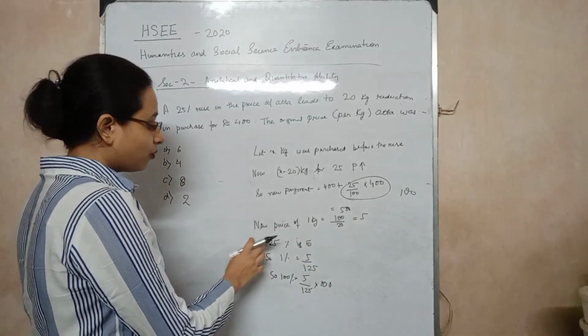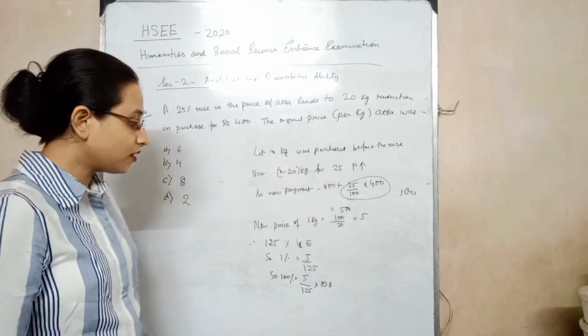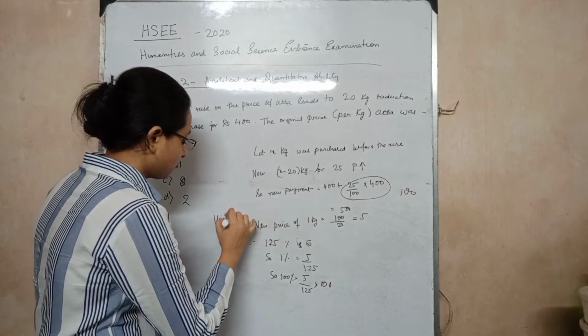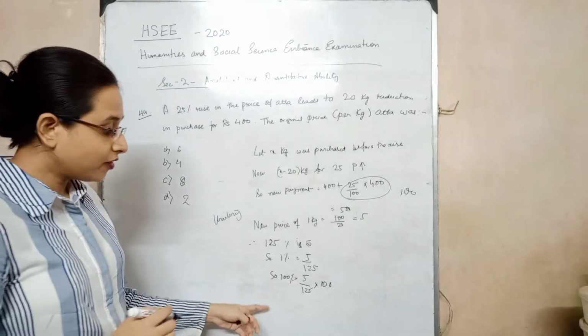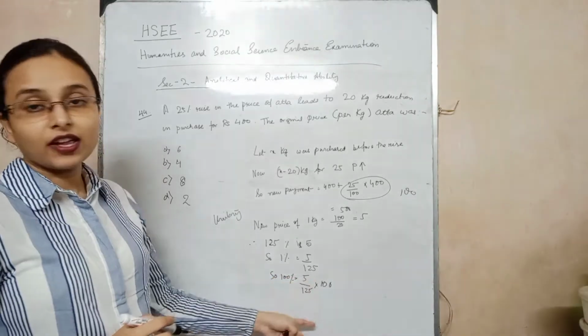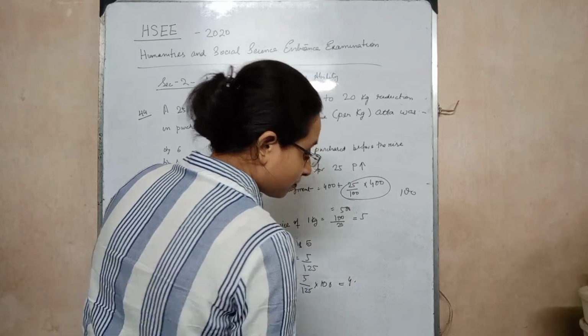Now, if 125% is 5, 1% will be, again by the unitary method, 5 by 125. So 100 will be 5 by 125 into 100, which will give us 4. Right?